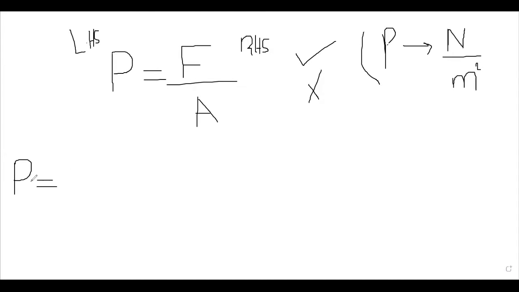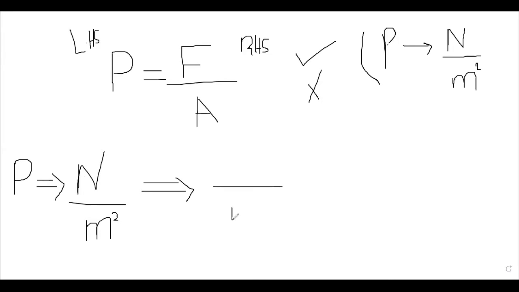So you know pressure is described in the language of units by Newton over meter squared. Then you want to describe the Newton. Newton is not a fundamental unit, while meter is. So we leave meter squared as it is, nothing changes. But Newton, we need to change.